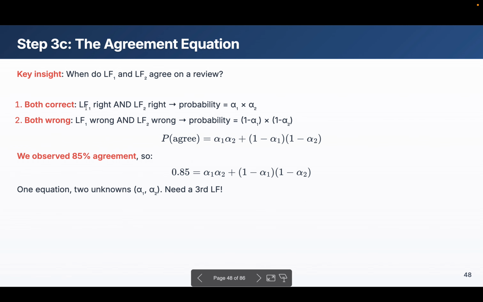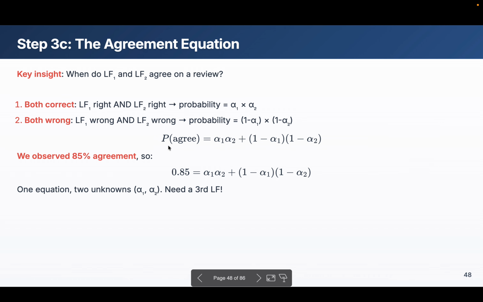The probability of correctness was alpha, not the probability of positive prediction. Both of them correct, the probability is alpha 1 into alpha 2. Both of them wrong is 1 minus alpha 1 into 1 minus alpha 2.